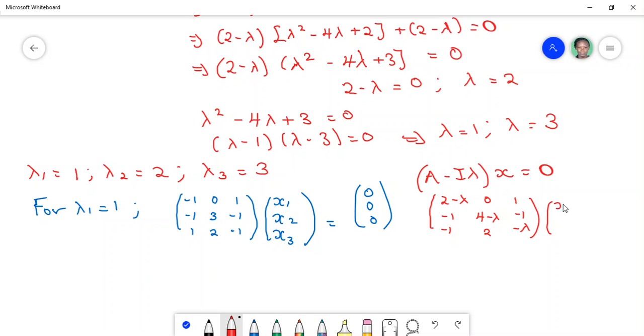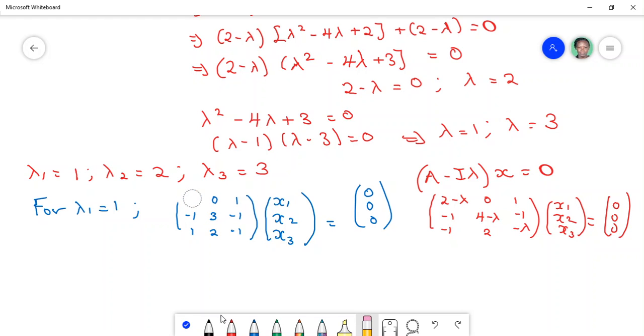Then I have x1, x2, x3 to be equal to 0, 0, 0. Okay, so for lambda equal to 1, if you subtract 2 minus 1, you have 1. So I have 1 here.